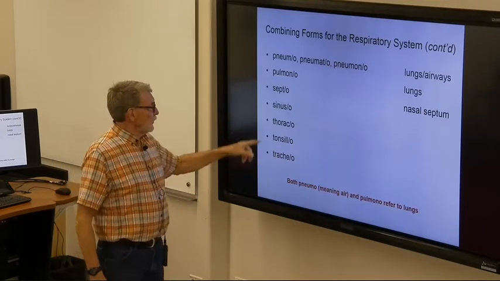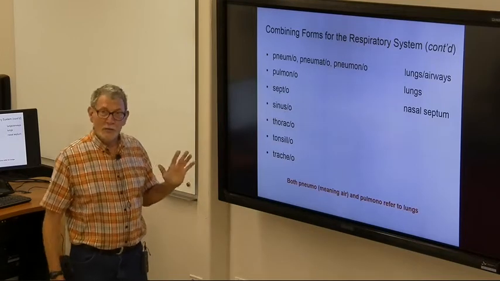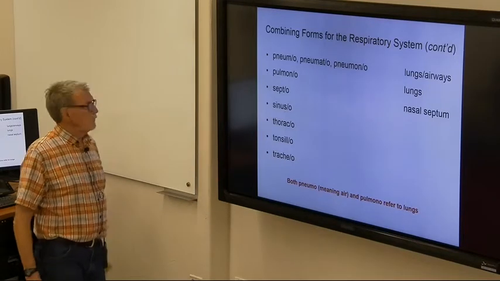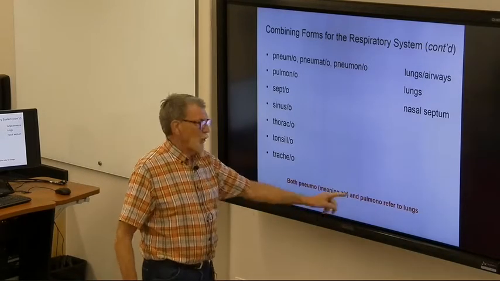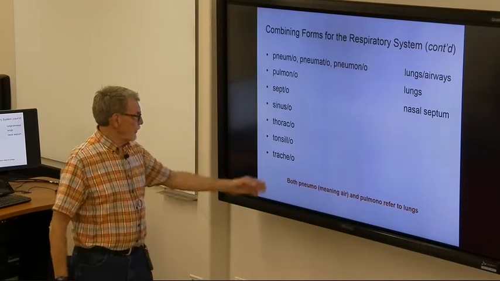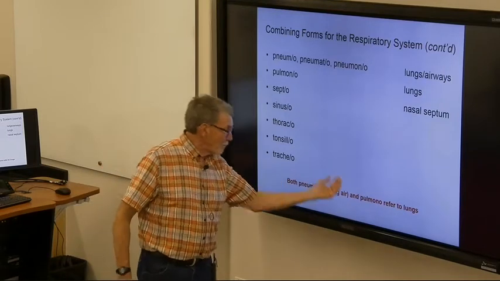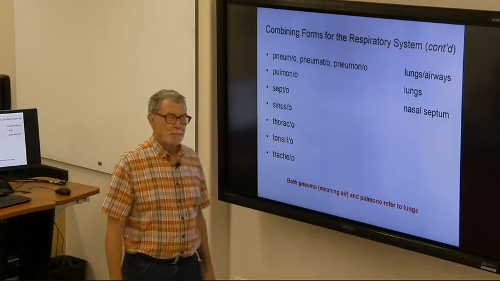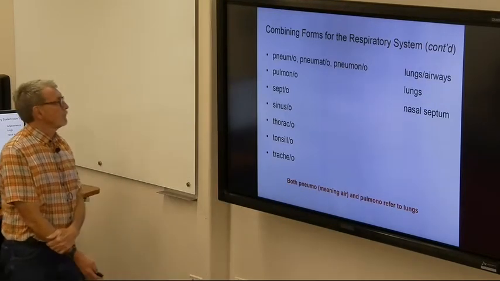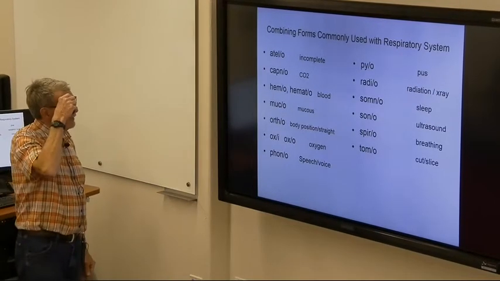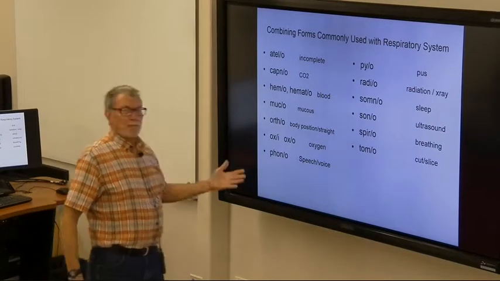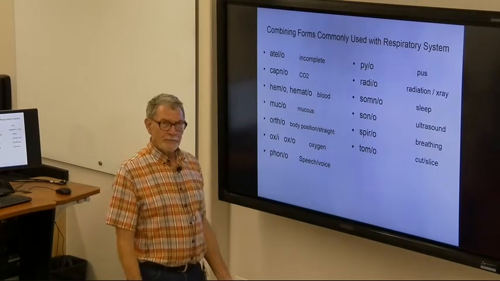So the good thing is most of these things are named after the part. They make sense. Pneumo and pulmono will refer to the lungs, so you can have pneumonia or you can have a pulmonary embolism. Some things referring to the lungs.